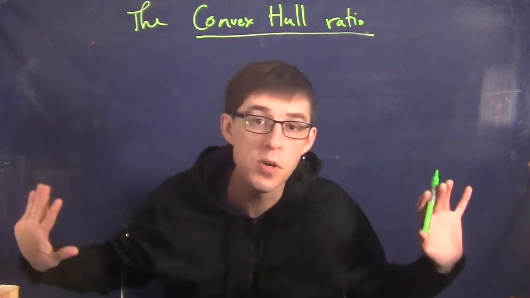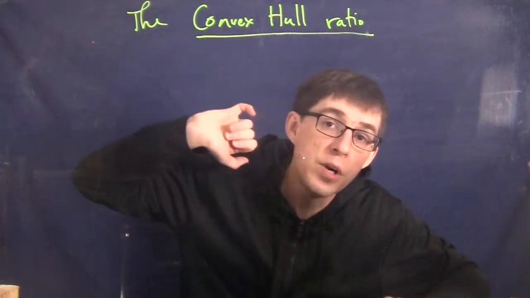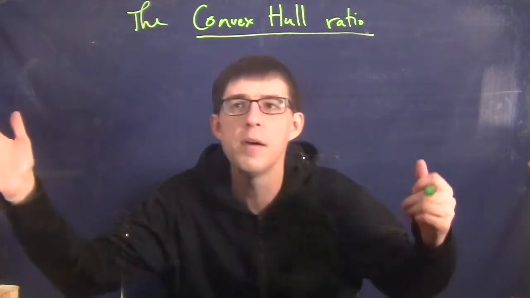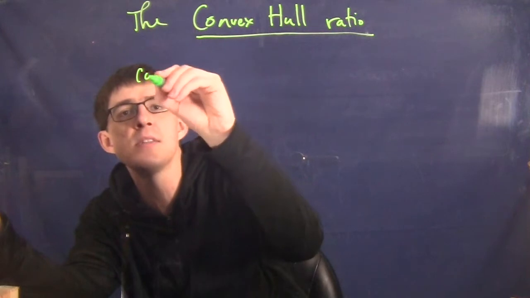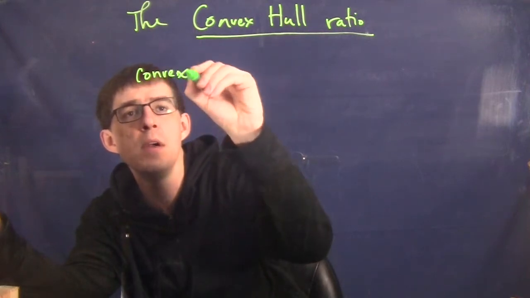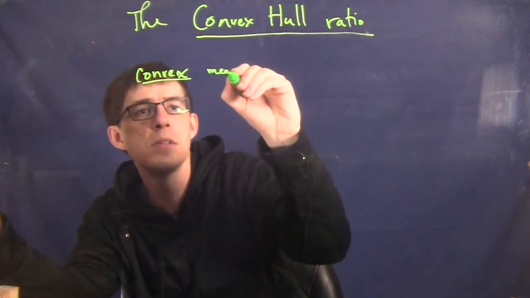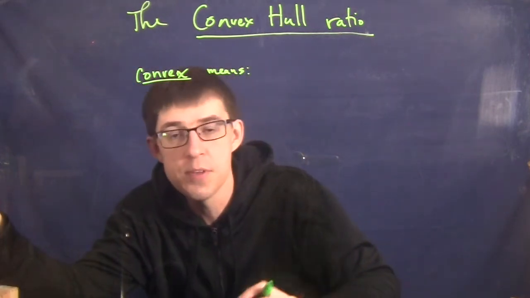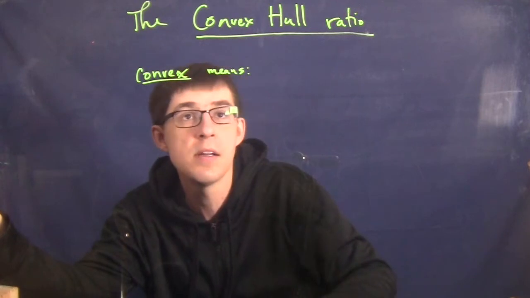Let's just start with a little basic geometry. This word convex, maybe you've seen it before in some kind of geometry class. Convex is a mathematical word. It's a property that certain shapes have. Some shapes are convex. Some shapes are not convex.